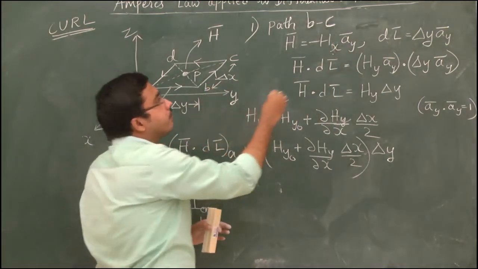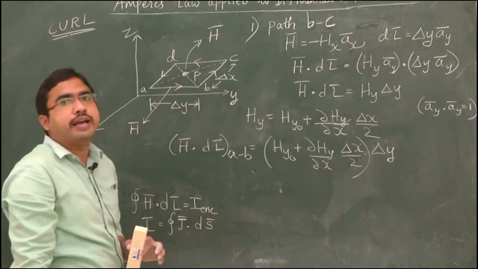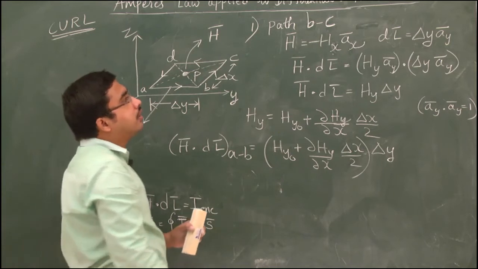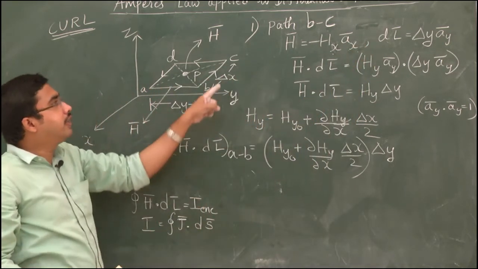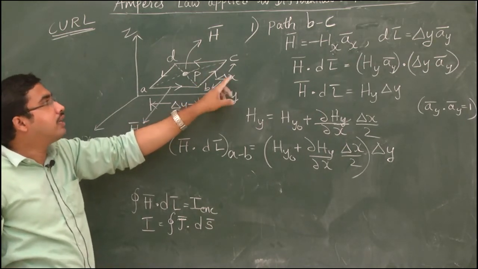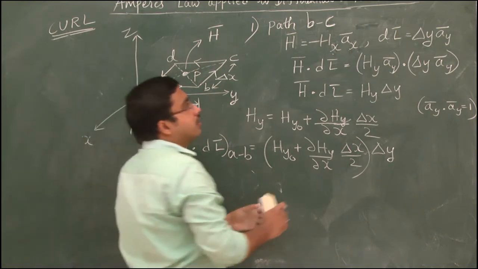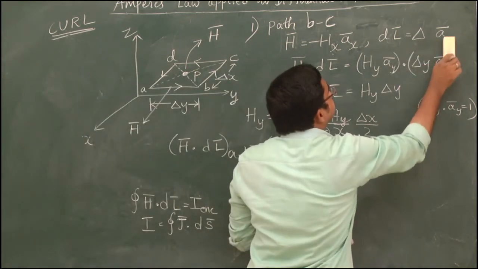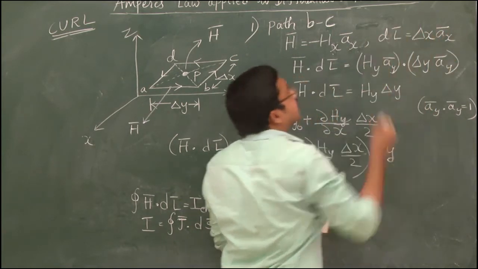And what is dl bar? The differential length is delta x, and the unit vector matching with the X direction is Ax, so delta x into Ax.